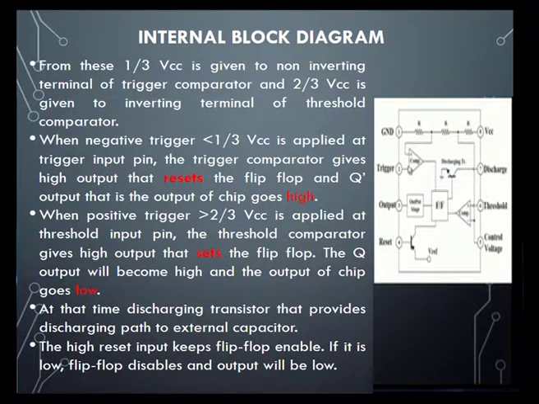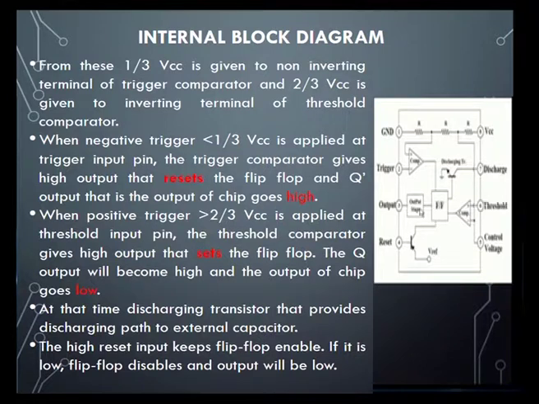We can also observe that 1 by 3 VCC is given to the non-inverting terminal of the trigger comparator, and 2 by 3 VCC is given to the inverting terminal of the threshold comparator. When a negative trigger, lesser than 1 by 3 VCC, is applied at the trigger input pin, the trigger comparator gives a high output, which makes the flip-flop go into a reset condition.